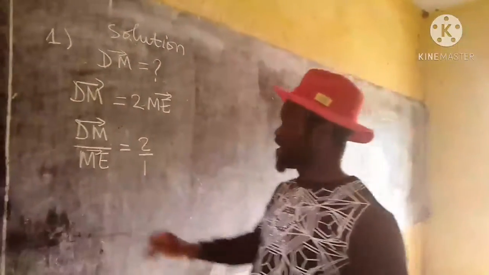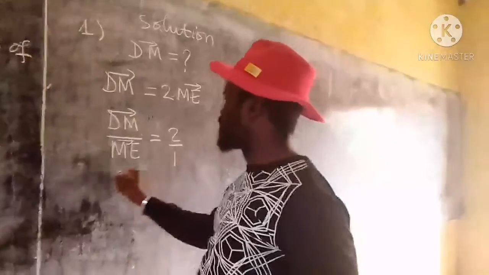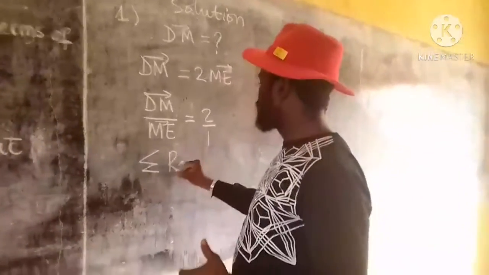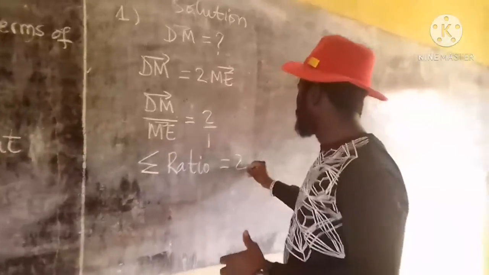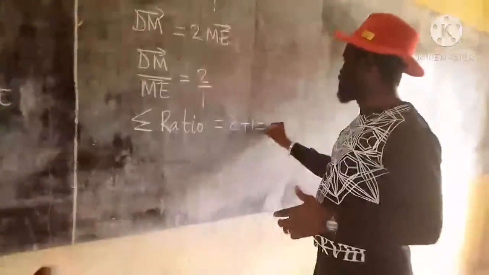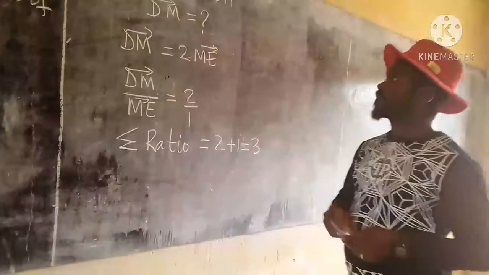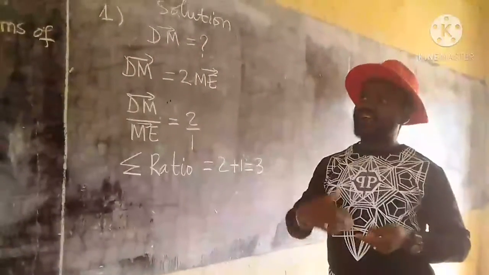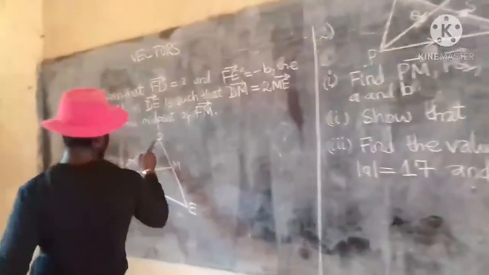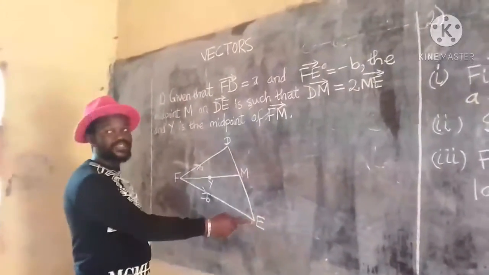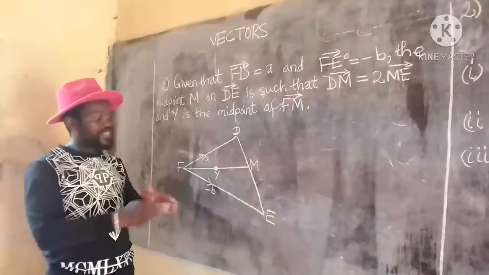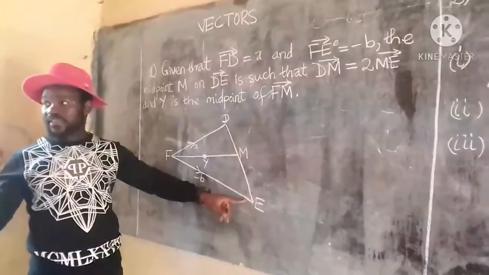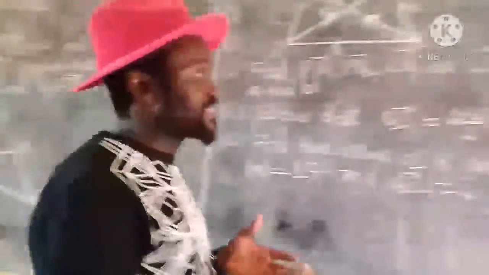What does this mean? If we take the sum of the ratio, we have 2 plus 1, which is equal to 3. This relation shows that we have divided this line into 3 parts, and that DM is occupying 2 parts, whereas ME is occupying 1 part.